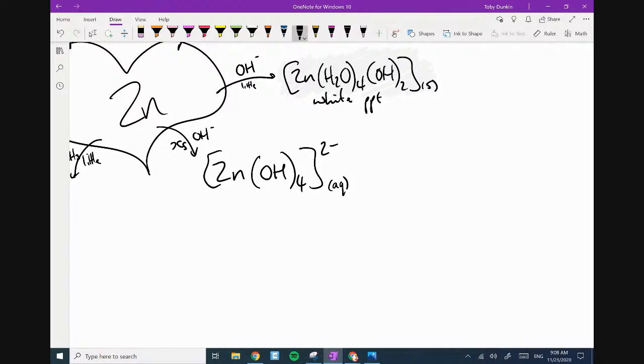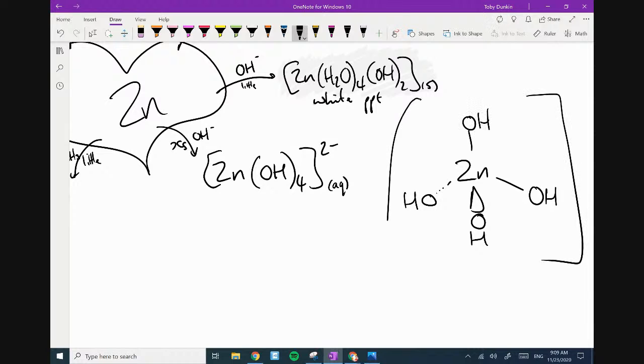What that means is you form a tetrahedral complex, which is a rather odd thing. And because it's now 2-, it redissolves. If you gain a charge, you become soluble. You have ion-dipole interactions, which means that the enthalpy released from hydration is higher, therefore it becomes soluble.